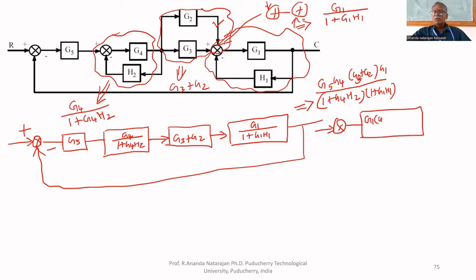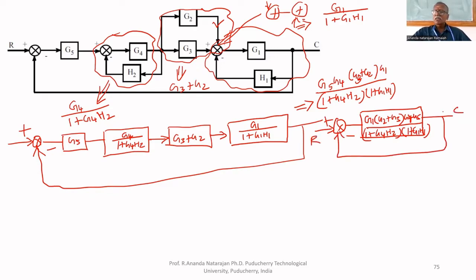G1, G2 plus G3, G4, G5 upon 1 plus G4H2, 1 plus G1H1. Now we have to apply the 7th rule.